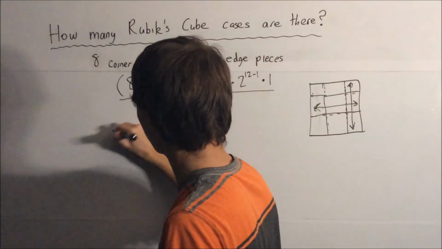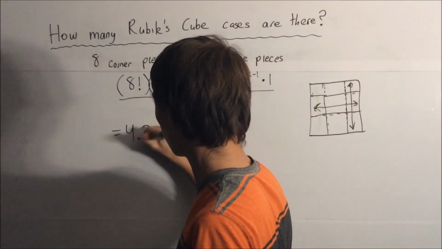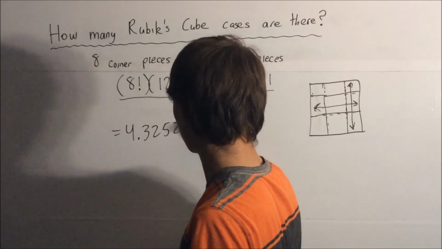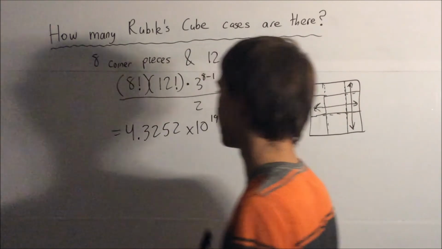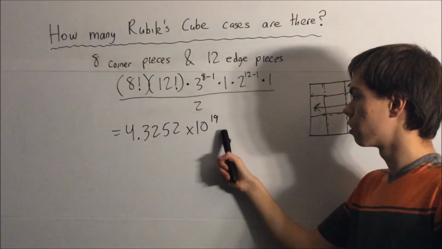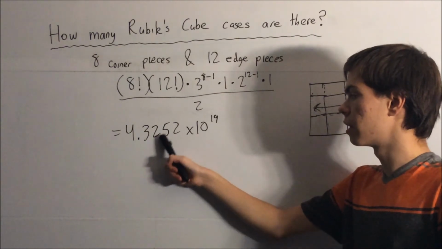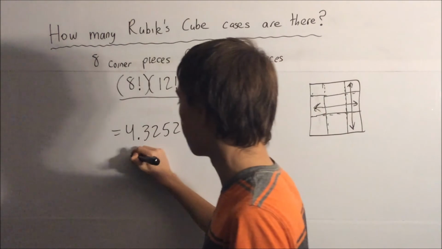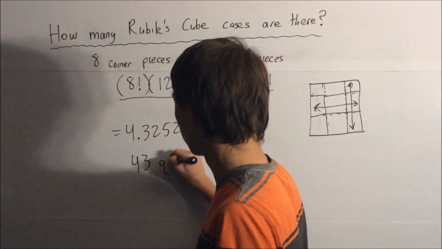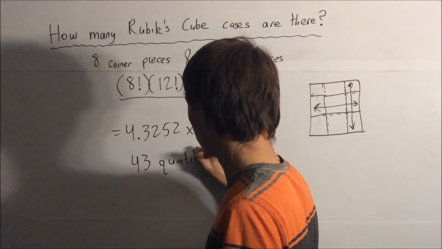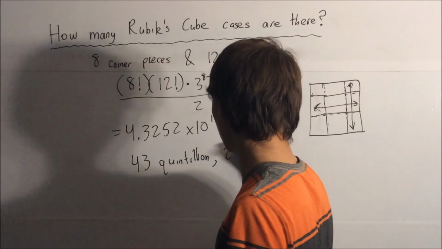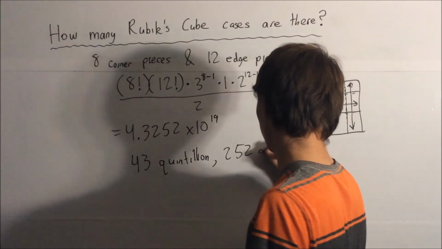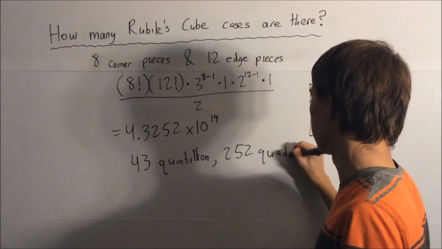This number is about 4.3252 times 10 to the 19. So if I were to move this decimal place 19 digits to the right, that's a number about 43 quintillion 252 quadrillion.